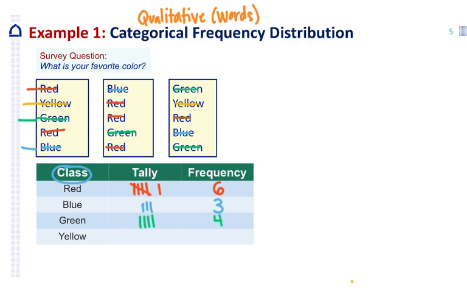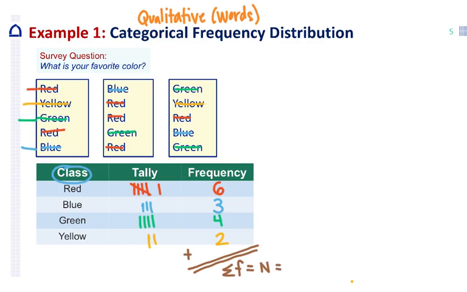1, 2. Okay, before we go any further, we want to make sure we didn't miss anything. Here's a quick technique. If you add up the entire frequency column, and by the way, the symbol for add is the Greek letter sigma, that will equal the total number of answers or items in your survey.